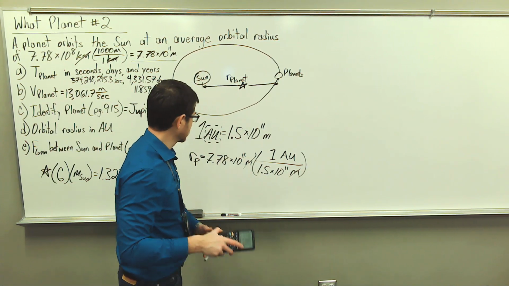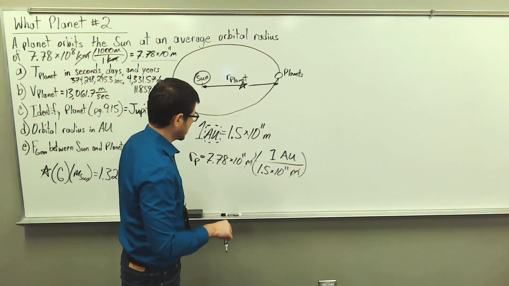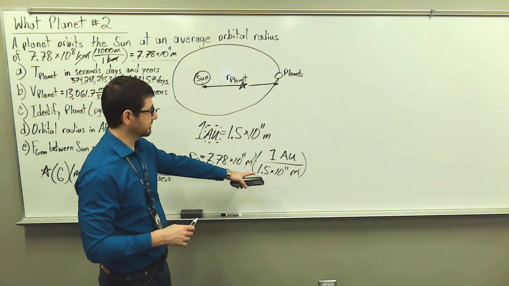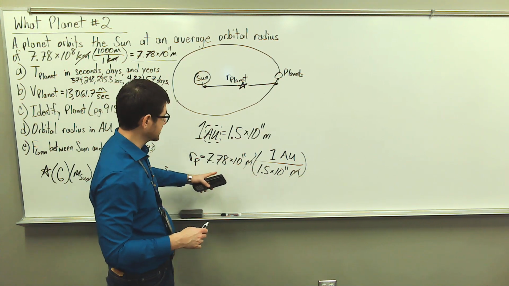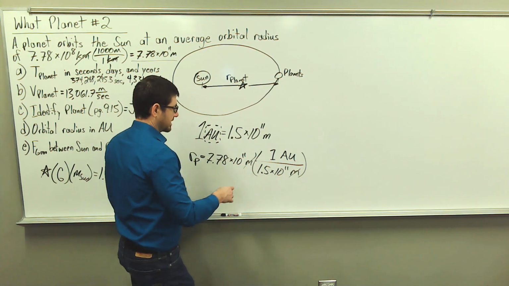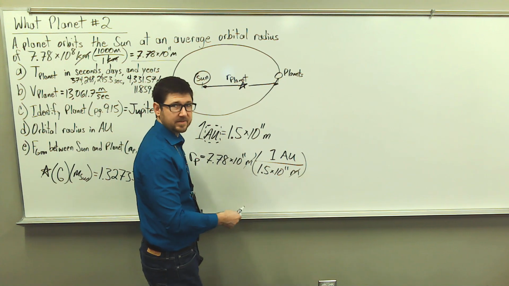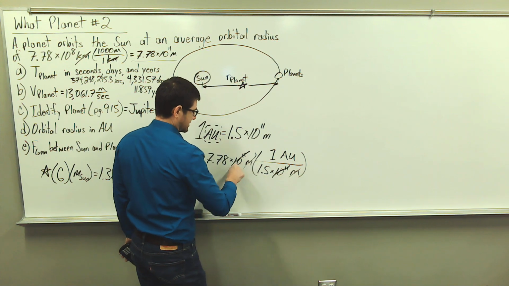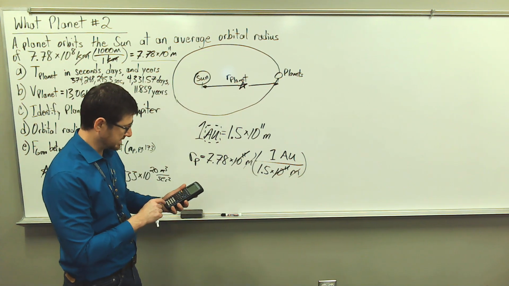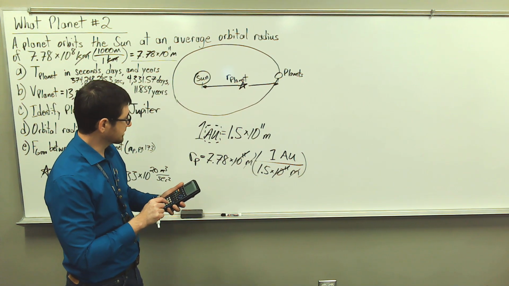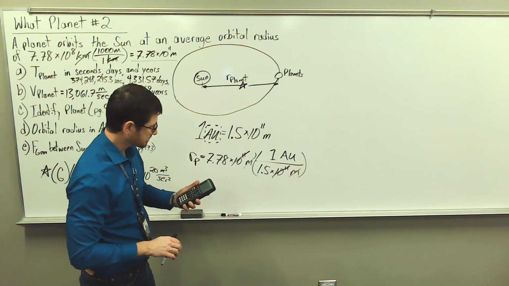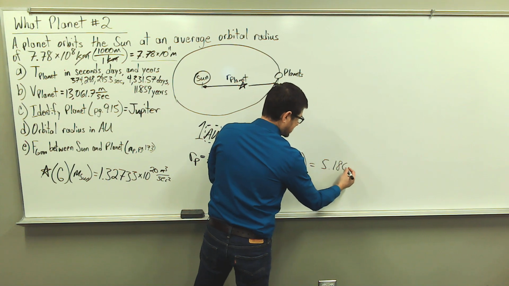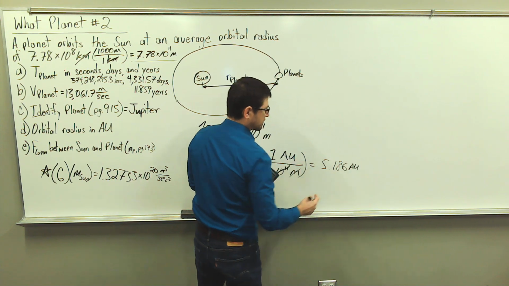And so now what we can do is take a shortcut here. So we have 7.78 times 10 to the 11th and 1.5 times 10 to the 11th. It's in scientific notation, and they're both times 10 to the 11th. They have the same exponent here, so those go ahead and cancel out. So I've got 7.78 divided by 1.5. This is going to give me 5.186 astronomical units.